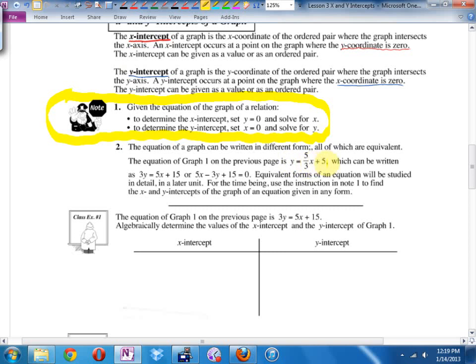That's the same equation looking different as 3y equals 5x plus 15, or 5x minus 3y plus 15 equals 0. We'll look at all these equivalent forms in a different unit. For the time being, the one I've highlighted, note number 1, can be used to find x and y intercepts of any equation.